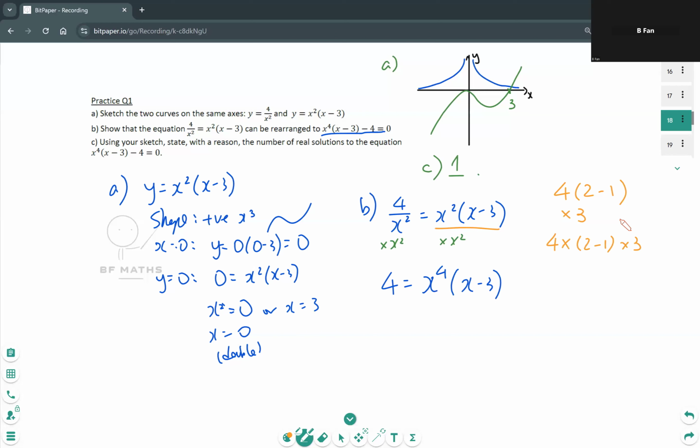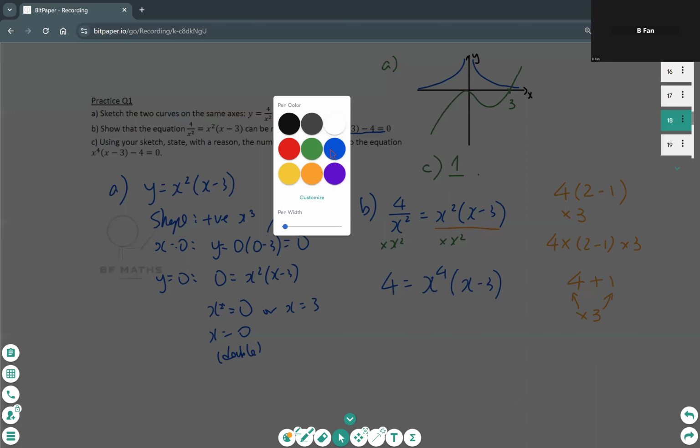Do I have to multiply this by 3 as well? No, because they are one term. If it's 4 plus 1, I need to times it by 3, so I'll need to do 4 times 3 and 1 times 3. So that's a bit of a difference. Ultimately, when they're connected by a bracket multiplied together, that means they're one term. These are some silly small things that students usually overlook when they do algebra.